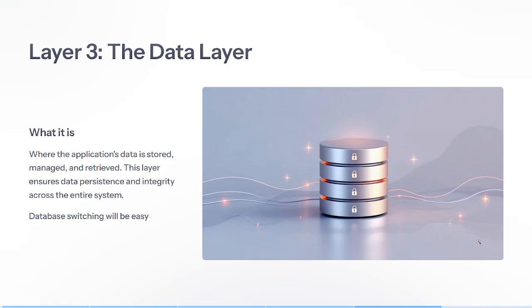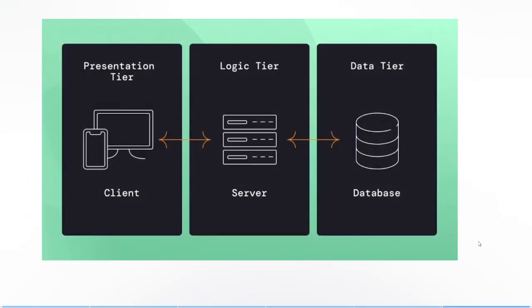Let's make a brief summary. Here are all three layers. The presentation layer is where the user interacts with our program. As I said, the buttons, the text messages, the messages to the user, all the controls are in this layer.